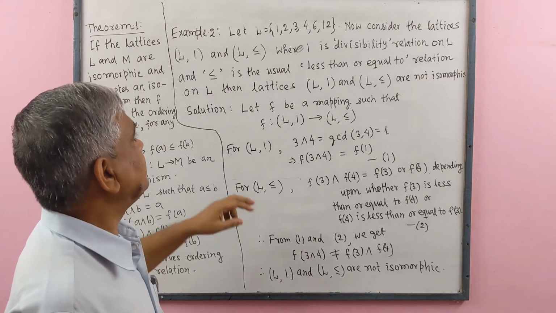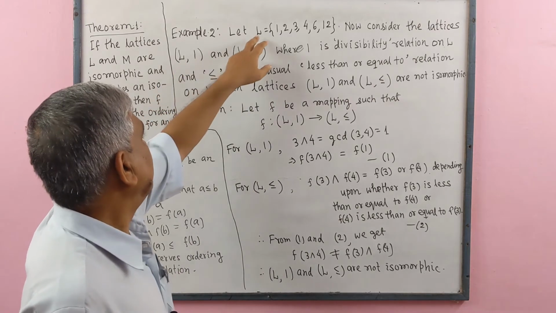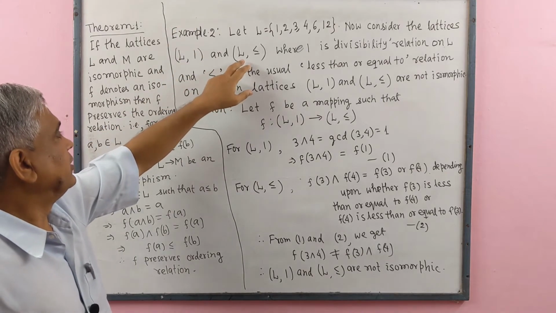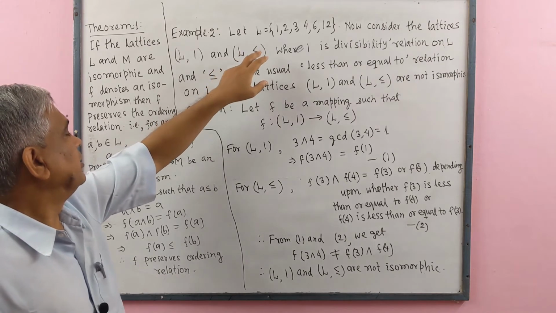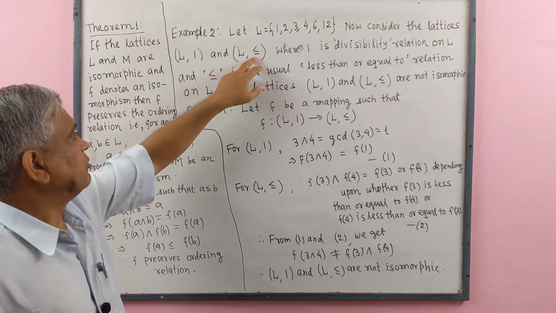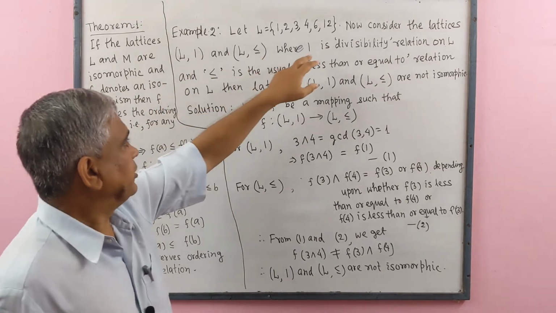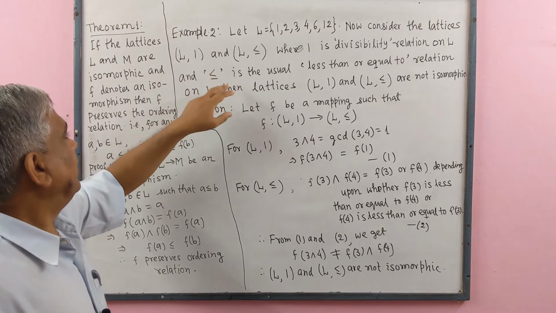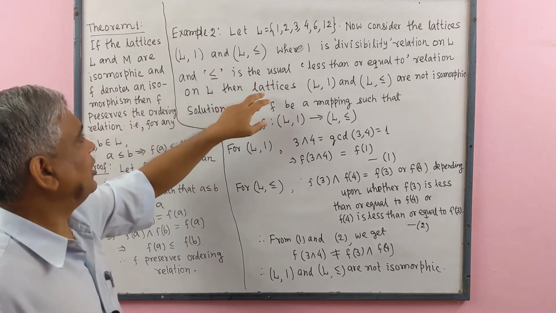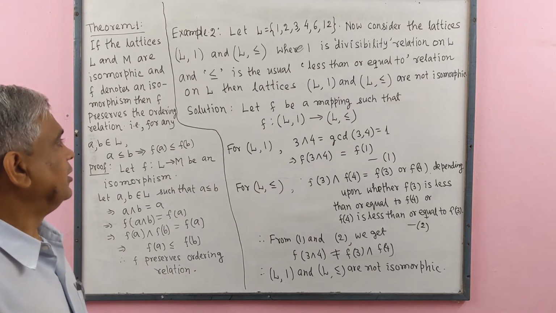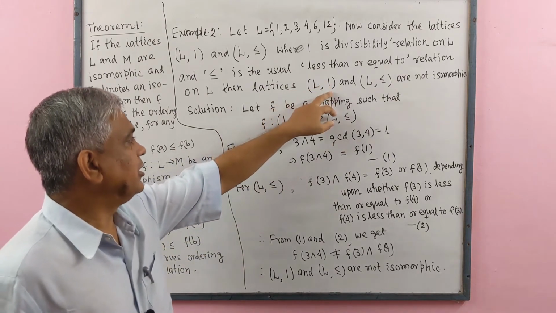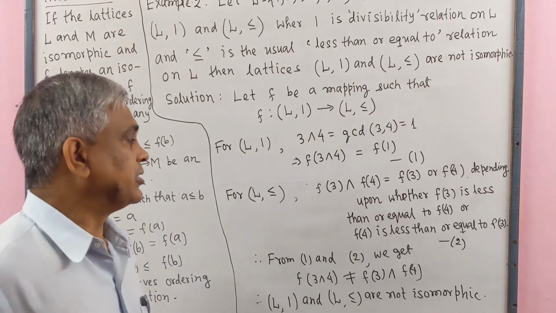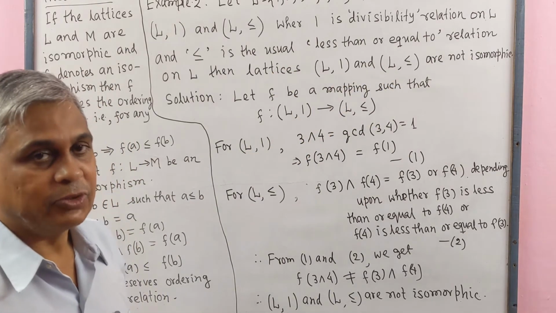Now consider the lattices L with relation divisibility and another lattice L with relation less than or equal to, where this relation is the divisibility relation on L and this relation is the usual less than or equal to relation on L. Then the lattices L with divisibility relation and L with usual less than or equal to relation are not isomorphic. We shall show this.